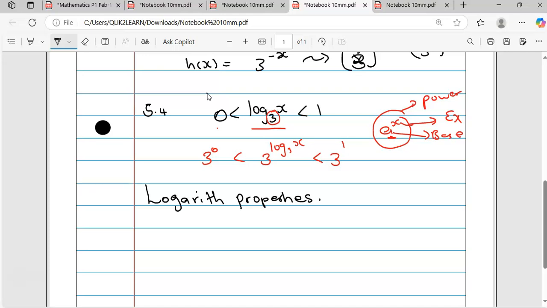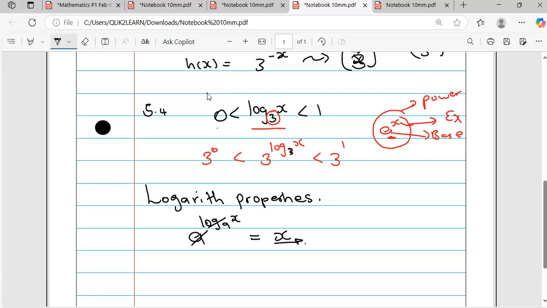This is where you're going to use the logarithm properties, where it says that if you have a to the log base a of x, just know that this is just x. So for us to remove that, you see this, the log base 3, basically this cancels.